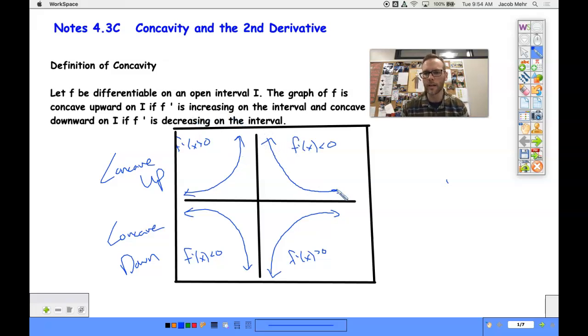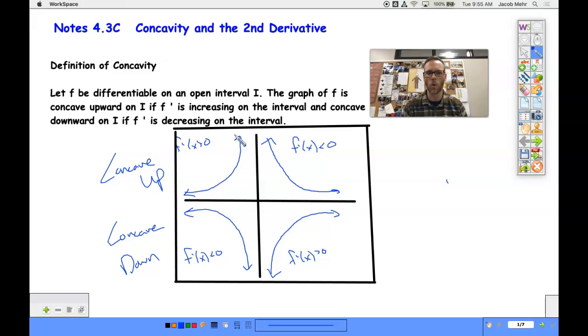Now in this one, it's concave up as well. The slope starts out negative. See how my pen's going up and down here. The slope is negative and then gets less and less negative. So we start at a negative number and get less negative. That's increasing as well. In both of these cases, the derivative f prime is increasing.